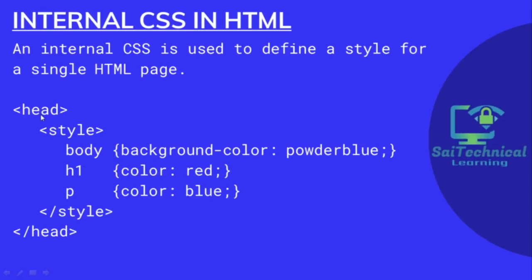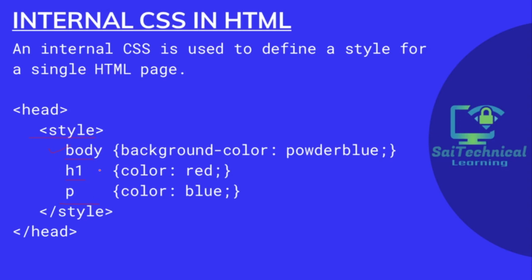Similarly, internal CSS. Internal CSS is used to define a style for a single HTML page. To define internal CSS, we require the style tag, and inside the style tag we require certain selectors. Here we have used body, similarly h1, which is a different tag, and similarly p tag.